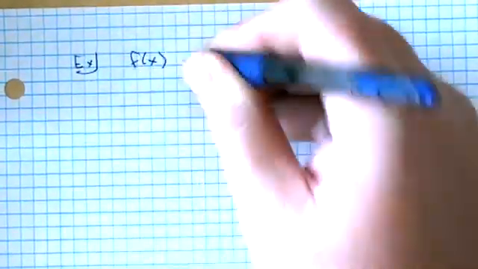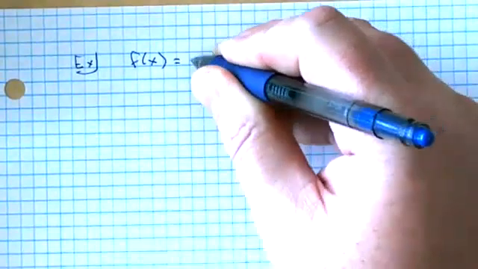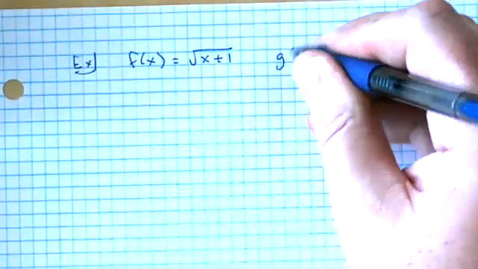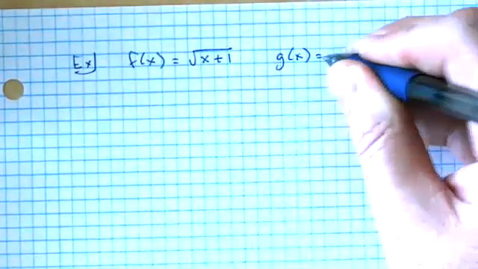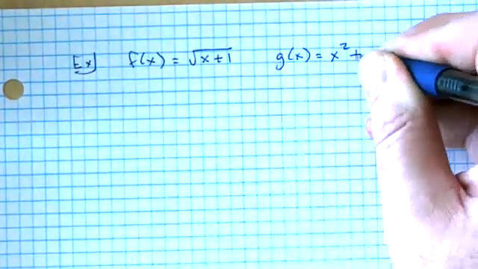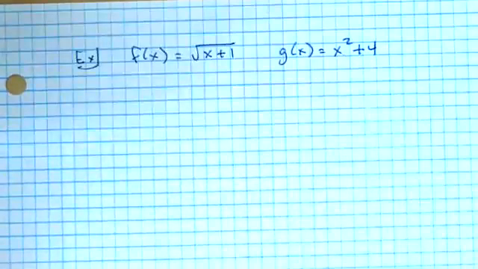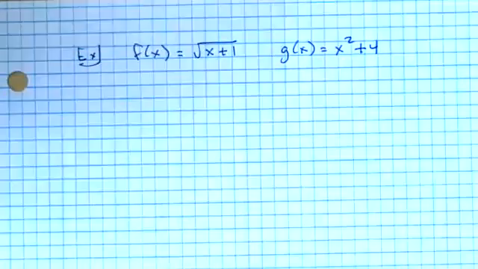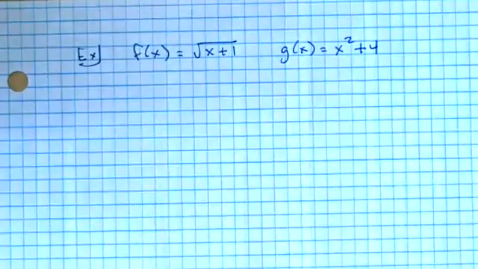We've got f of x, which I'm going to define as the square root of the quantity x plus 1. And g of x, we will define as x squared plus 4. And we're going to do several things with this. I'm going to show you that it's really just a whole bunch of substitution.